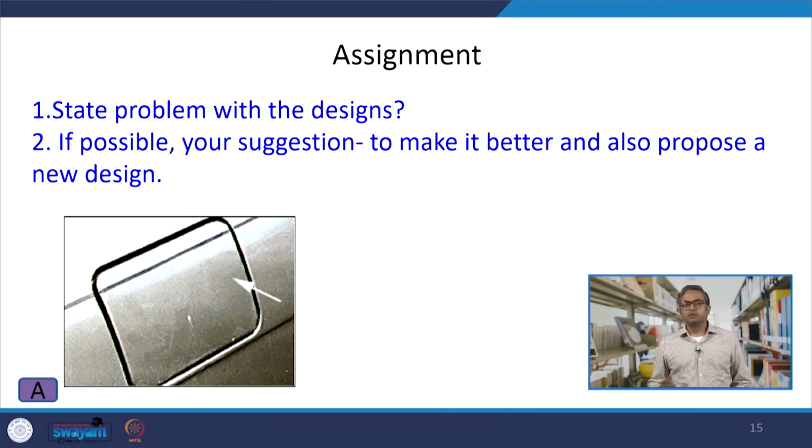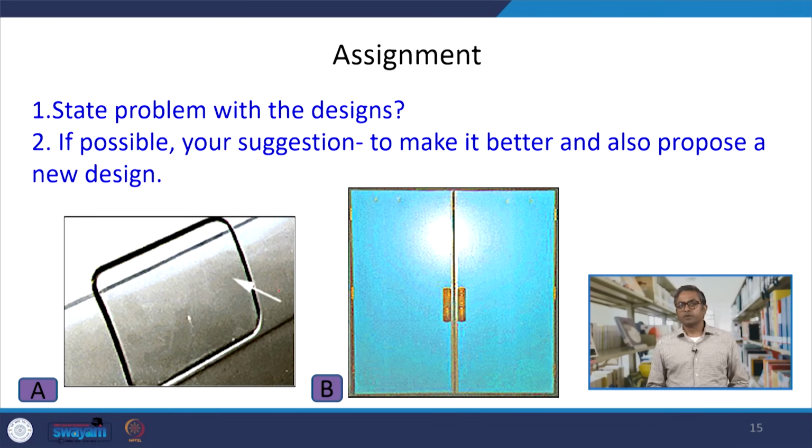A metallic frame, which seems to be a small window. But what does it represent? Another picture on your screen, which is quite obvious, is a door. What do you see here? A blue color door.